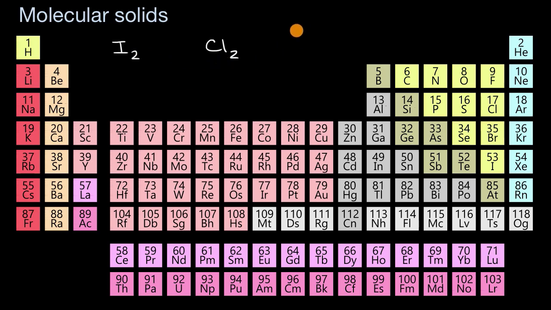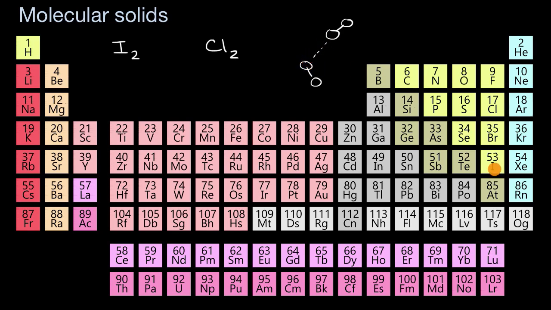Well, as we talked about, each of these molecules is formed by covalent bonds between two atoms, and what keeps the solid together are these dispersion forces. And in earlier videos, when we first talked about dispersion forces, we talked about temporary dipoles and induced dipoles, and they're more likely to form between heavier atoms and molecules because they have larger electron clouds and are more polarizable.